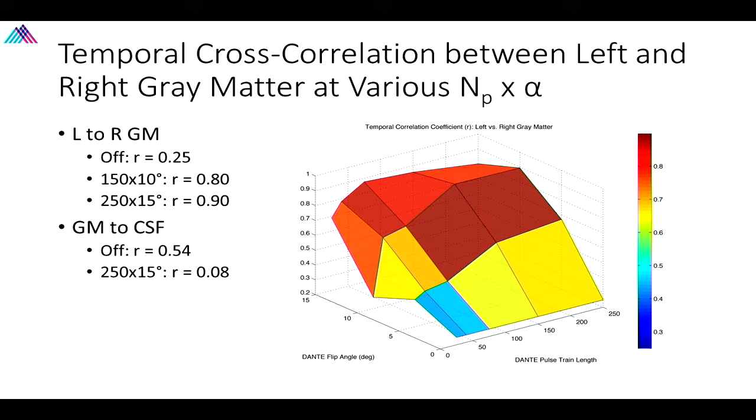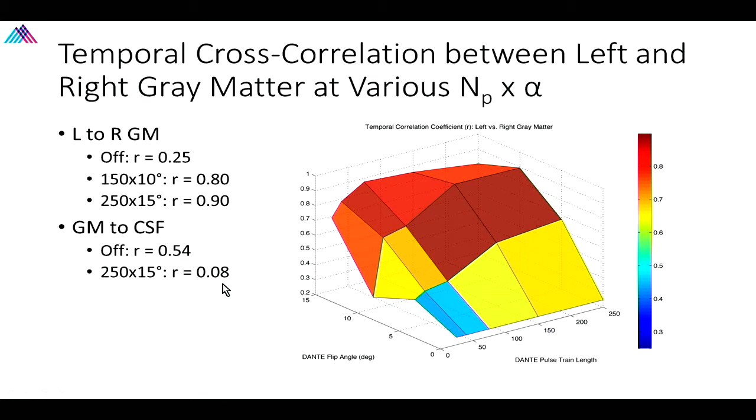So we can look at this another way as well, looking at the temporal correlation of gray matter versus the CSF rather than left and right gray matter versus each other. With DANTE off, gray matter and CSF temporal cross-correlation is 0.54, but as we ramp up to full DANTE, this correlation drops down to 0.08, a very low level.